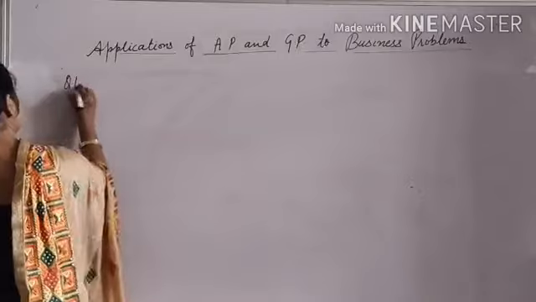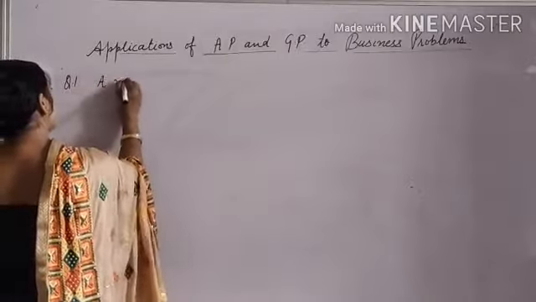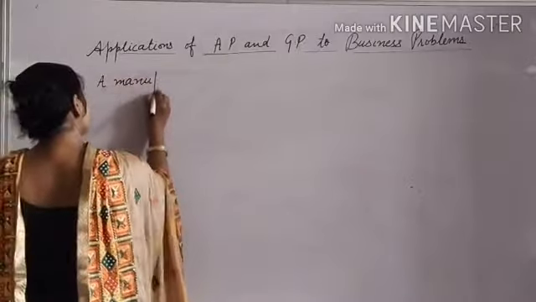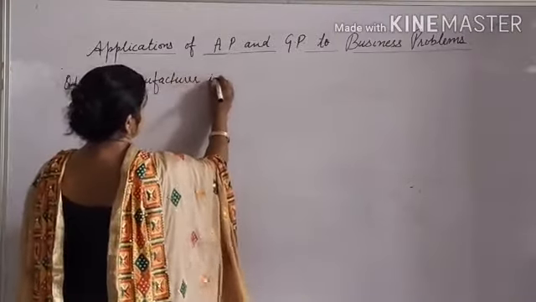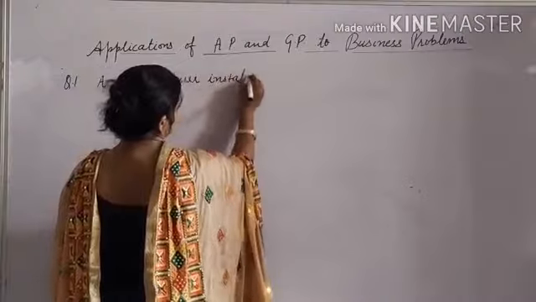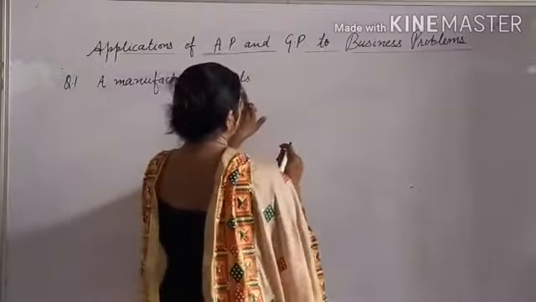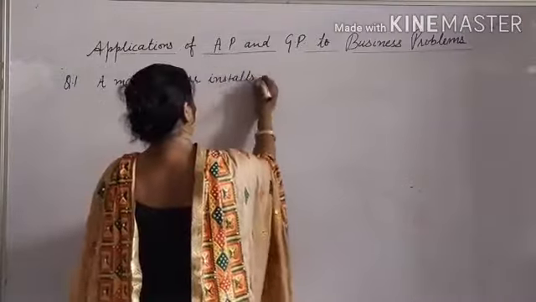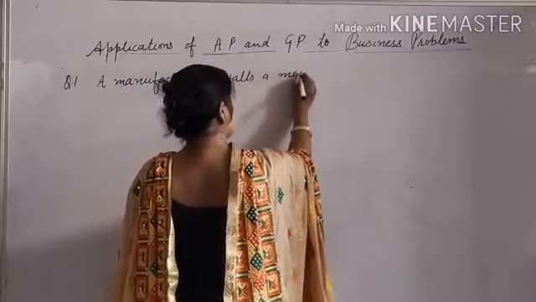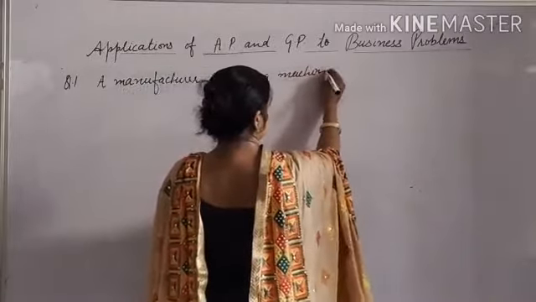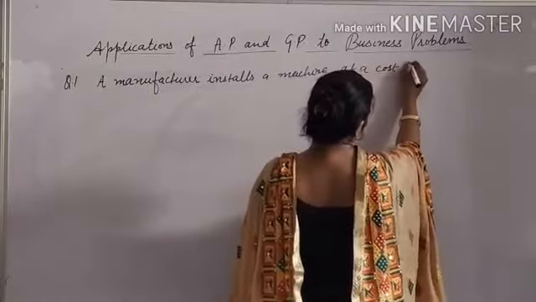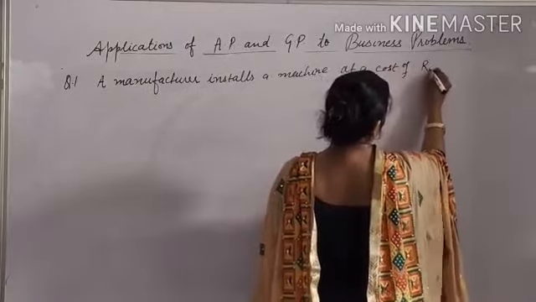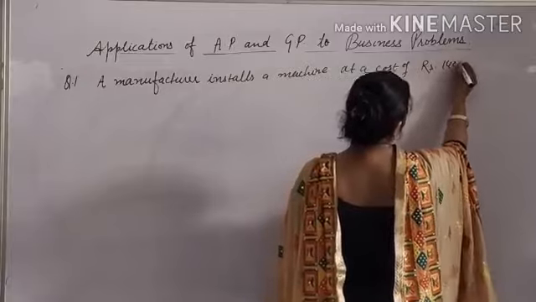Question 1. A manufacturer installs a machine at a cost of rupees 1400.